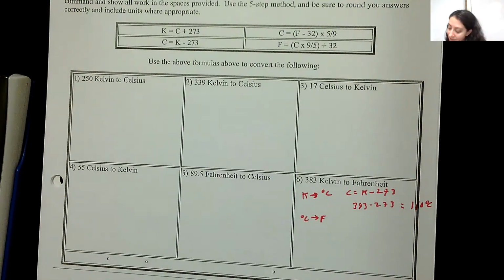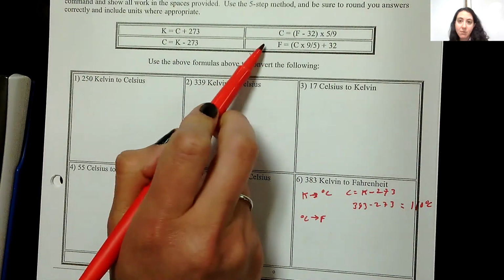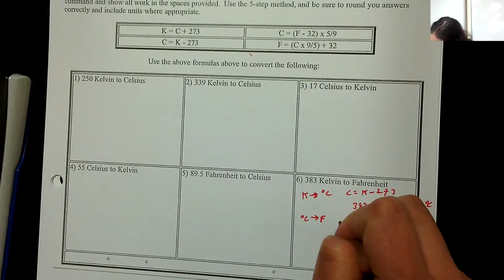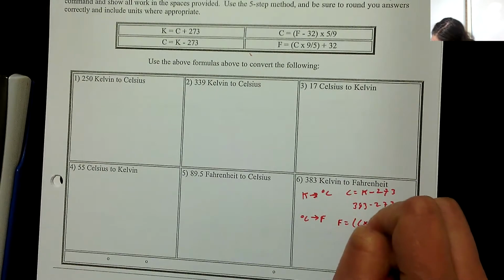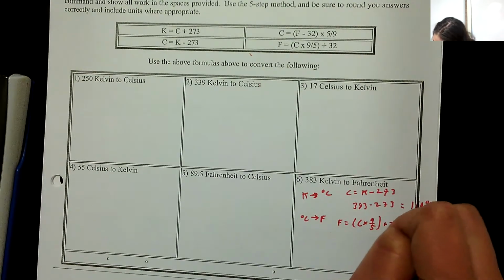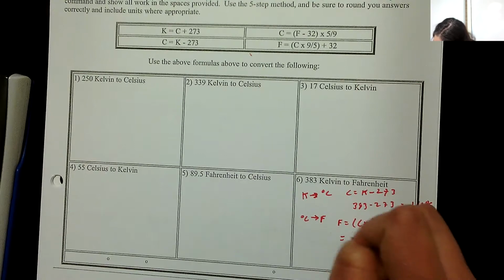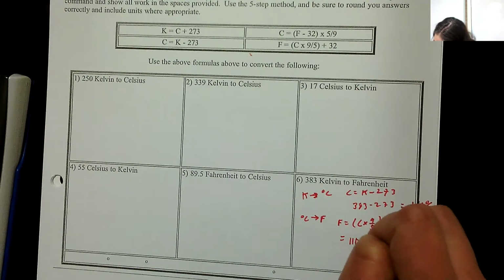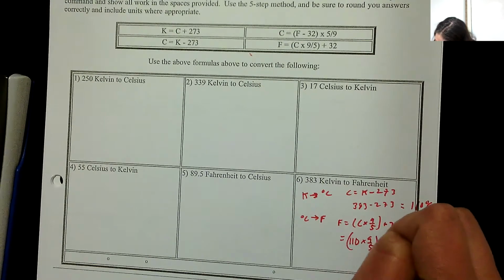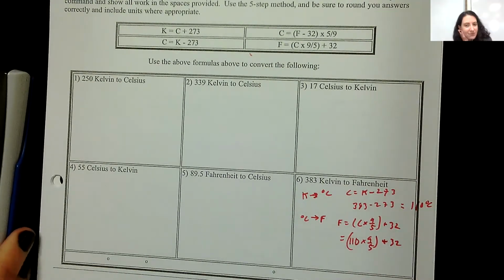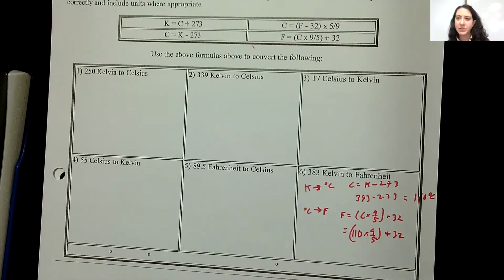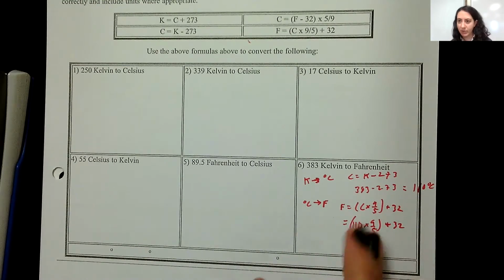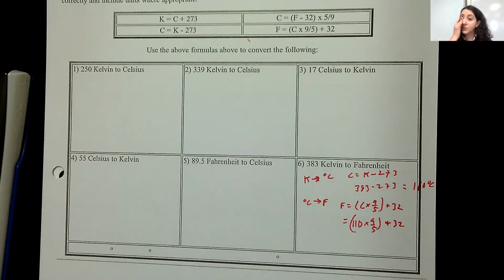Now we need to go from Celsius to Fahrenheit. We'll use this equation because we want Fahrenheit and we have Celsius. So Fahrenheit is equal to Celsius times 9/5 plus 32. So that is going to be 110 Celsius times 9/5 plus 32. If you should ask me in class at some point, I can give you the idea here. There's a way to derive this formula. You just have to know about slopes of lines, equations for the slope of a line.